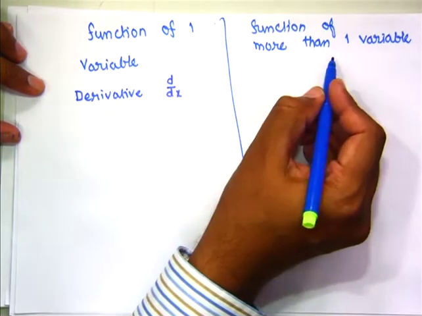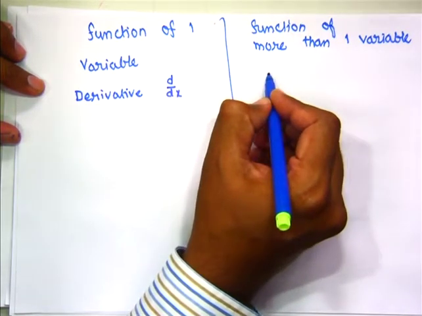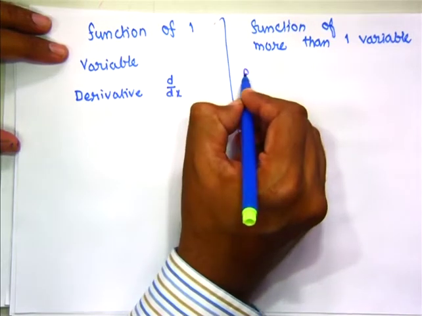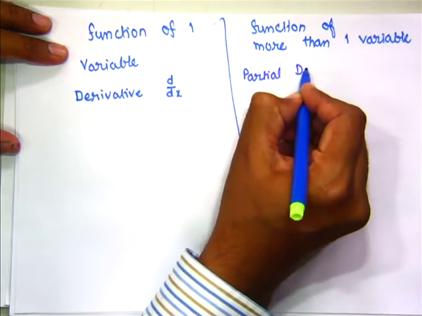If the function of more than one variable is differentiated, then we call it partial differentiation, and its result is called partial derivative.